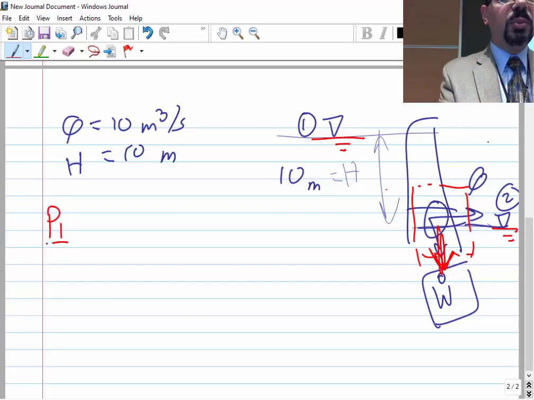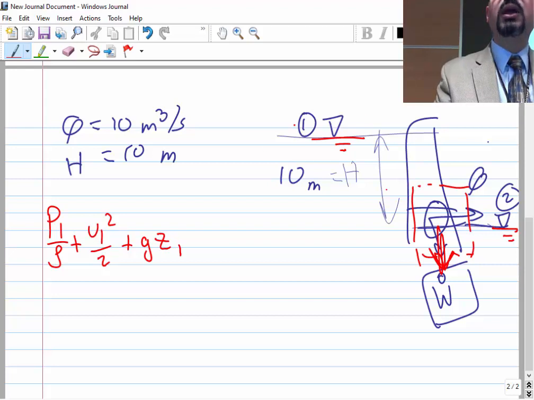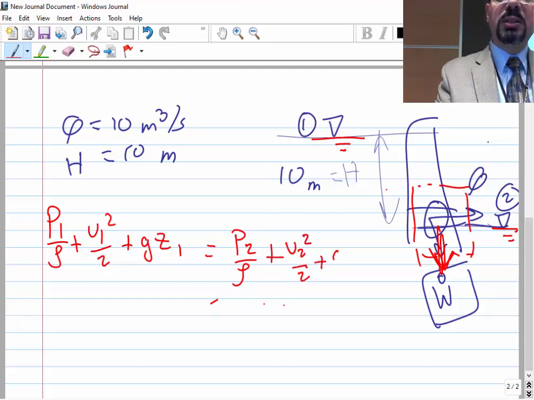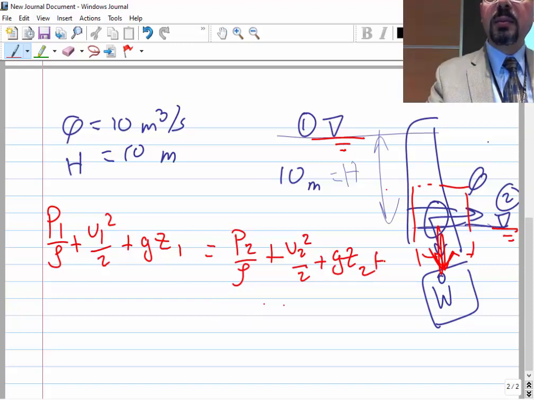What is the Bernoulli equation? P1 over rho plus V1 square over 2 plus gZ1, right? This is all the energy at point 1, correct? Equal to the energy at 2, P2 over rho plus V2 square over 2 plus gZ2, and the work of the turbine.